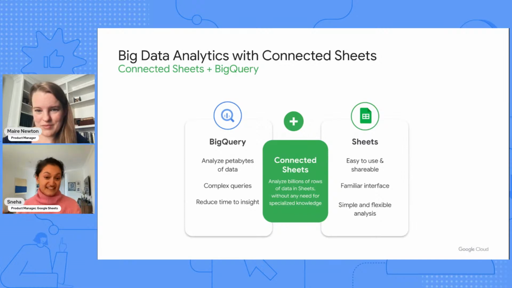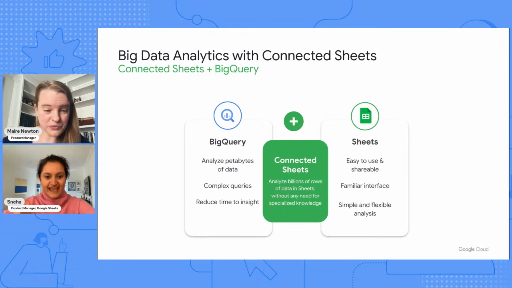All of this makes analysis really accessible to people in your organization. So if you put them together with Connected Sheets for BigQuery, you get the familiarity of your favorite spreadsheet actions with the real-time scale of BigQuery. Let's see a quick demo of what this looks like.